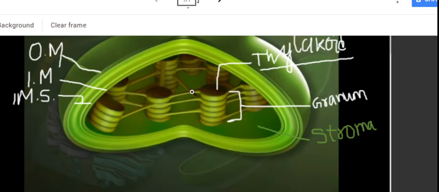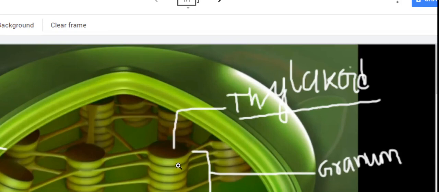When we see this individual thylakoid, we can see that the membrane of thylakoid possesses the green color pigment, which is called chlorophyll. Where are these green color pigments present? They are present at the membrane of thylakoid, which is known as chlorophyll.